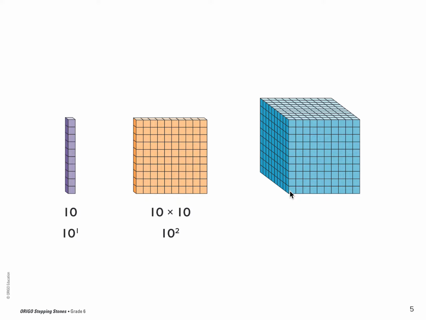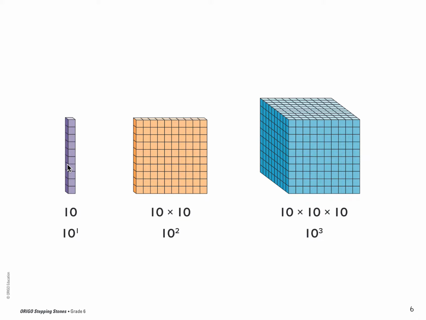How could we use exponents to represent this number? Try looking for a pattern of what's happening here. We have 10 by 10 by 10. So our total number of blocks is 1,000.